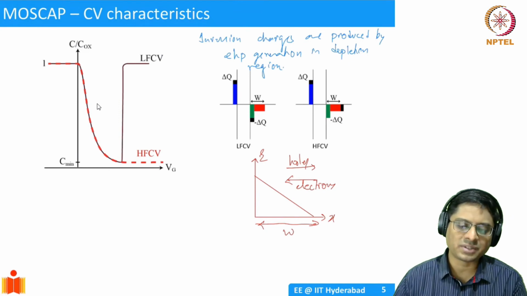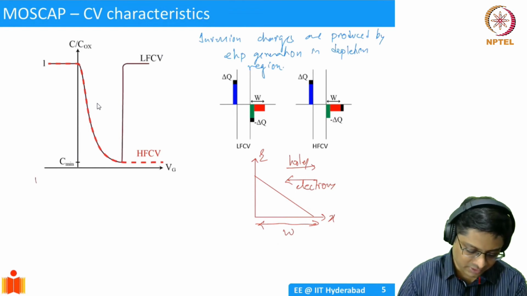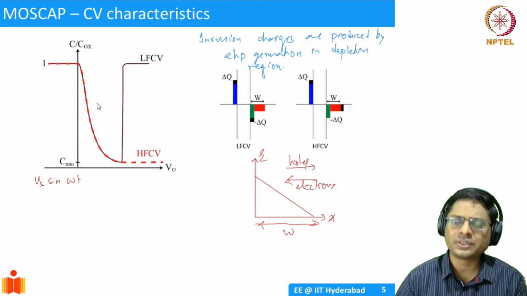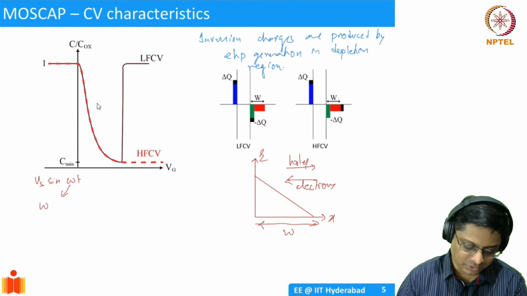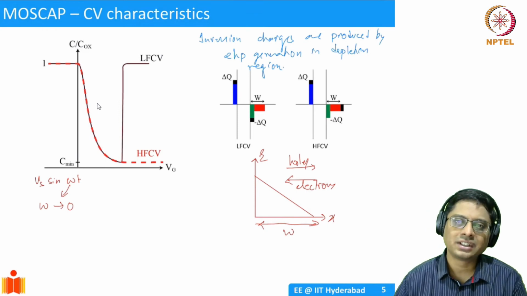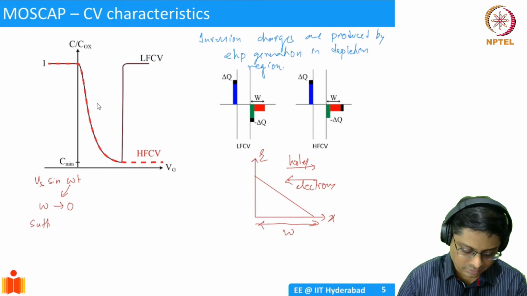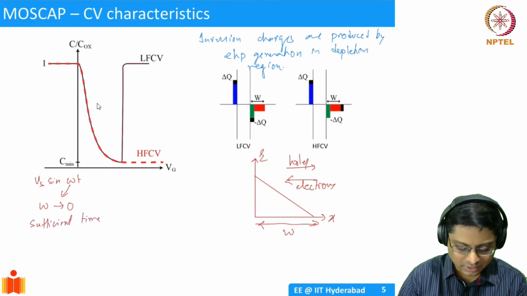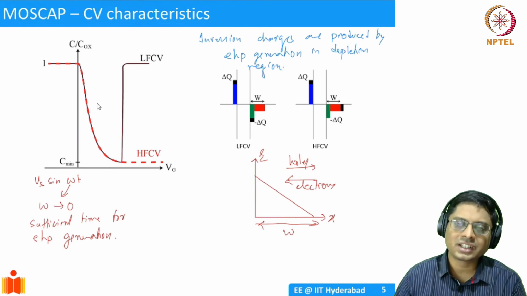And because of that, if you are doing measurement at low frequency, what do I mean by low frequency? Well, my Vs sine omega t is very small, a millihertz kind of frequency. Let's say omega tends to 0. That means I'm very gradually changing my Vg. Then you have sufficient time for minority carrier generation, or electron-hole pair generation. They get generated and then accumulate at the interface.